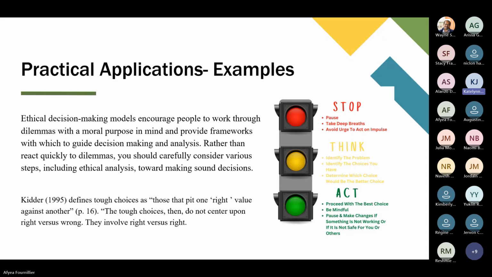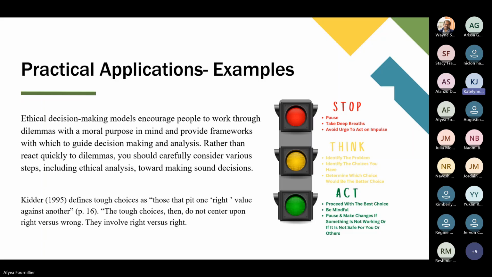On the side, you see a picture of a traffic light. Next time you're in a situation like this, you can remember the traffic light. We see red, which is stop. You're going to stop and pause, take a deep breath, and avoid the urge to act on impulse, which we as human beings always do, acting without thinking.